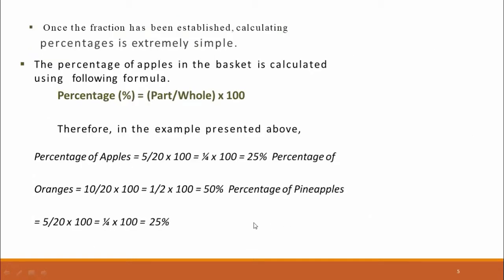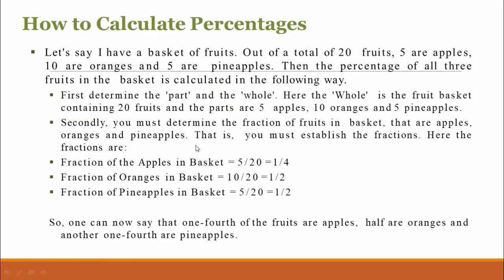Now, once the fraction has been established, calculating the percentage is extremely simple. So this is the first important point: first of all, point out the total, and then obtain the fraction from the part: the fraction of apples, the fraction of orange, and the fraction of pineapples.